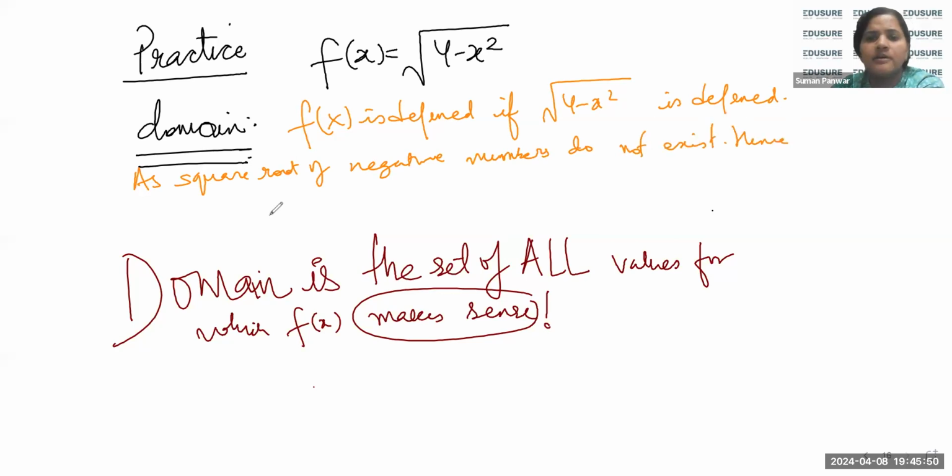Hence, we must have 4 minus x square greater than or equal to 0.